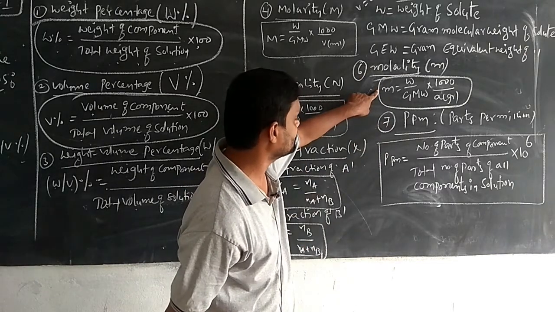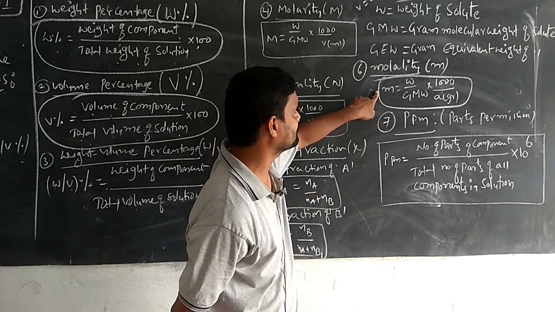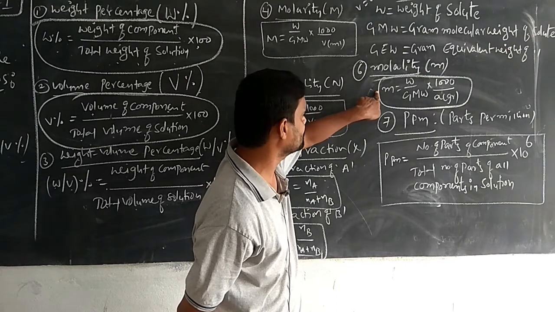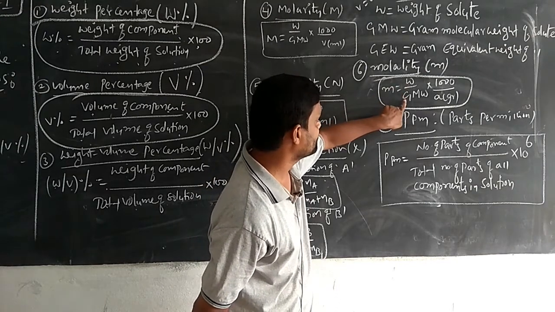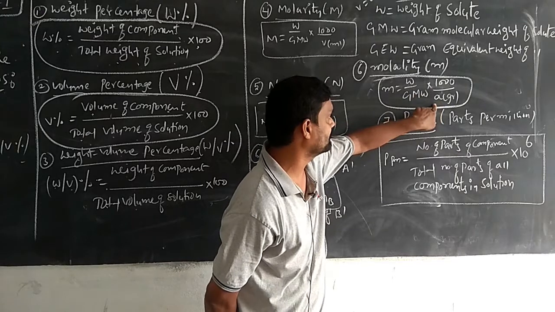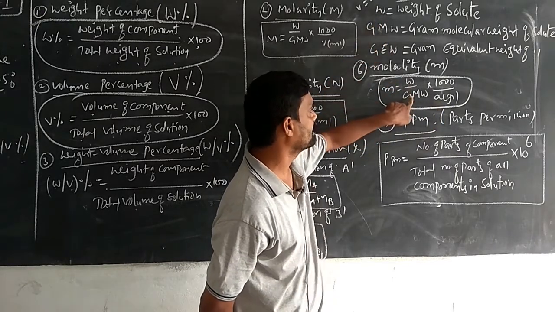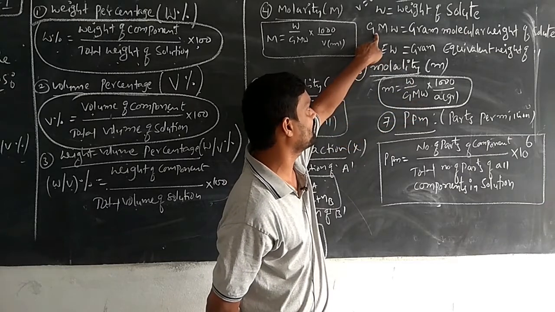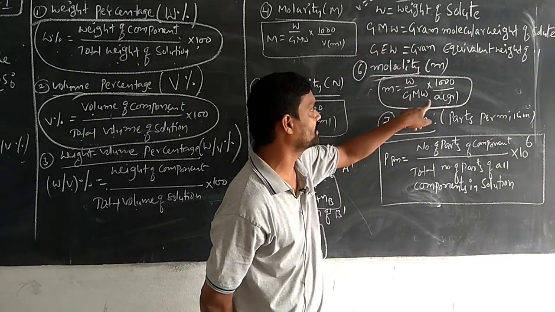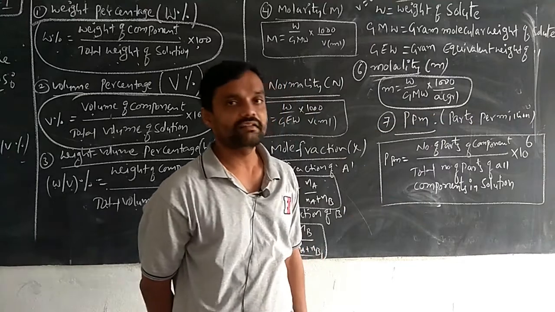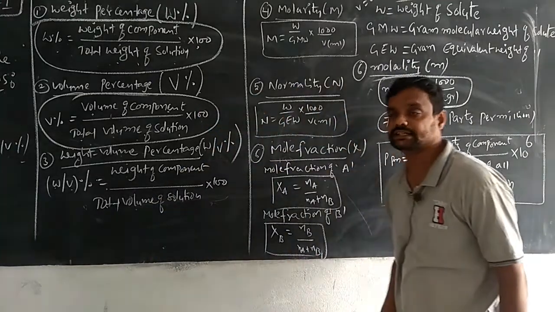And how is this molarity indicated with an equation? M is equal to W by GMW into 1000 by A. W is the weight of the solute, GMW is the gram molecular weight of the solute, and A is the weight of the solvent.